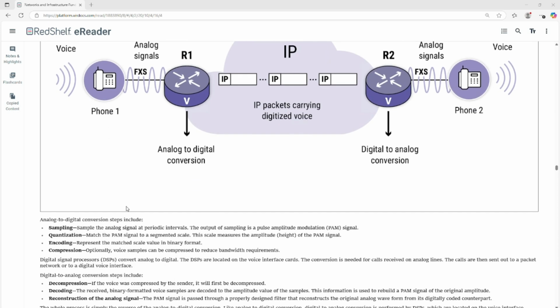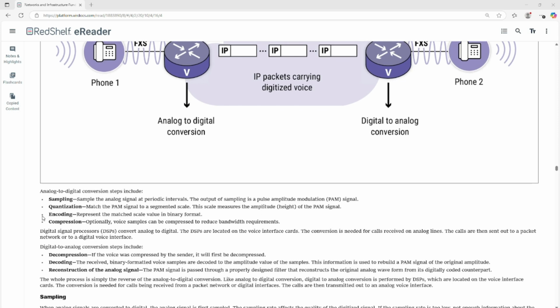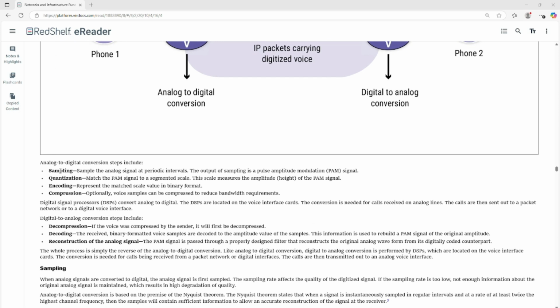Some other things to keep in mind here is the process of converting analog to digital and digital to analog. It's very simple, right? First, it samples, and secondly, it does quantization, and it encodes, and then it compresses.